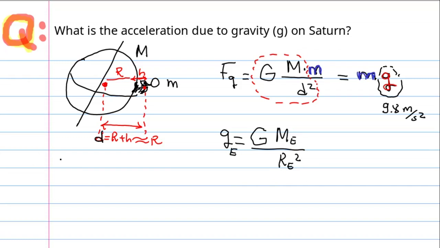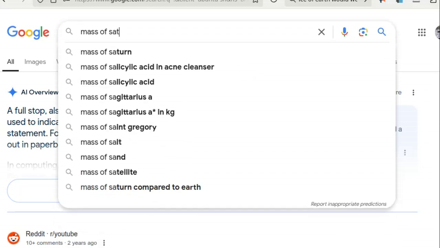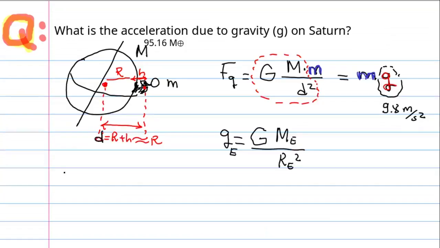How about for Saturn? Now we need important information for Saturn. Let's do a Google search. Mass of Saturn is 5.683 times 10 to the 26 kilograms.